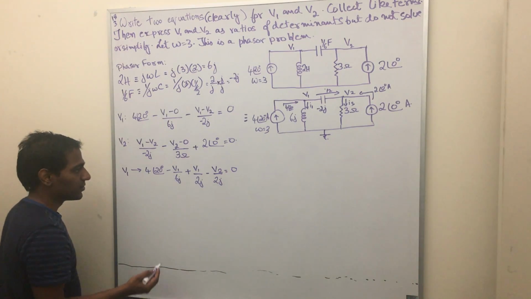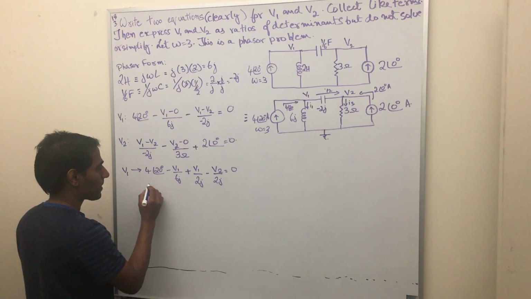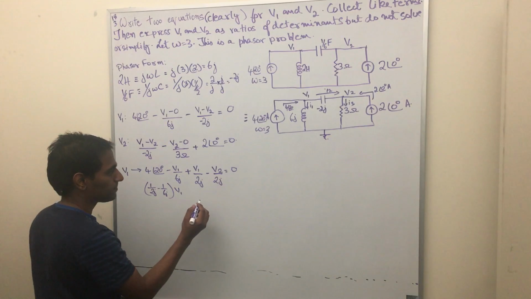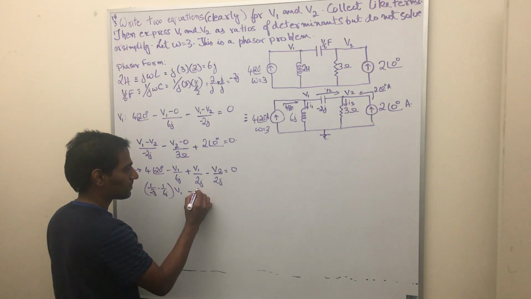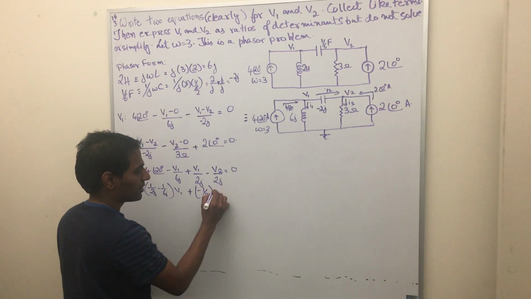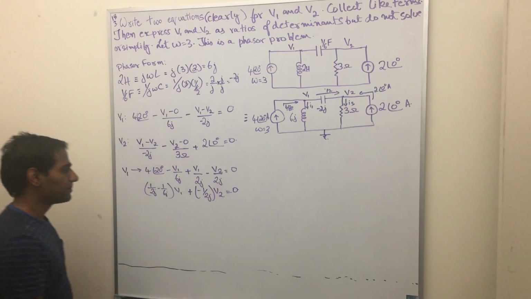That should be equal to 0. So grouping it, you would get 1 by 2j minus 1 by 6j times V1 minus 1 by 2j times V2 should be equal to 0.